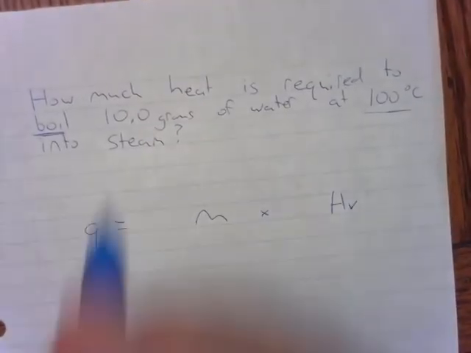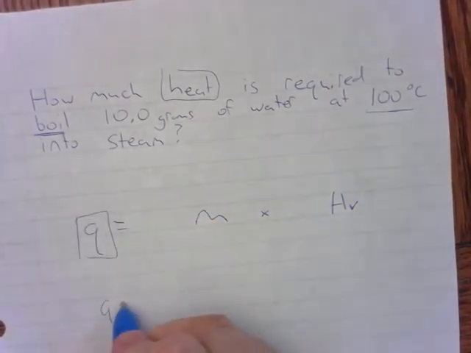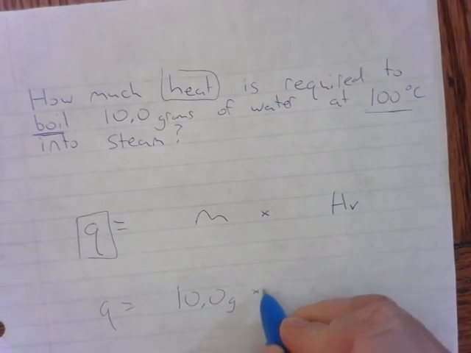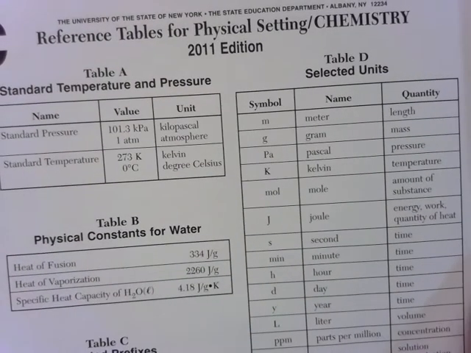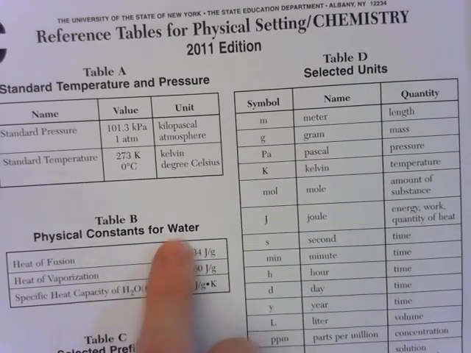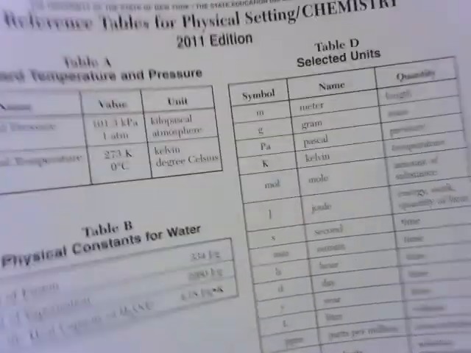So, I'm looking for heat. Heat's Q. Mass was once again given, 10 grams. But what is the heat of vaporization of water? Well, no surprise. The reference table just gives you this information. Back on the same table we found the other two numbers in the front. Physical constants for water, heat of vaporization of water is 2260 joules per gram.